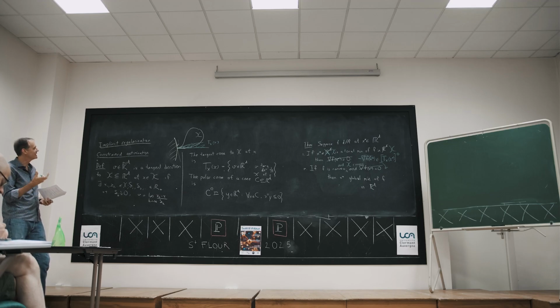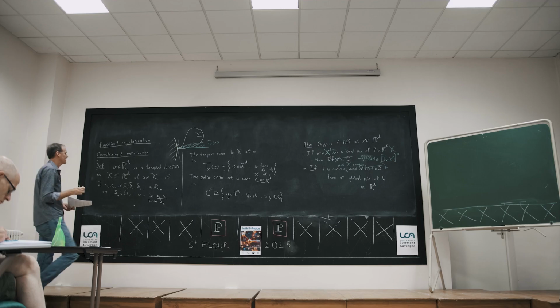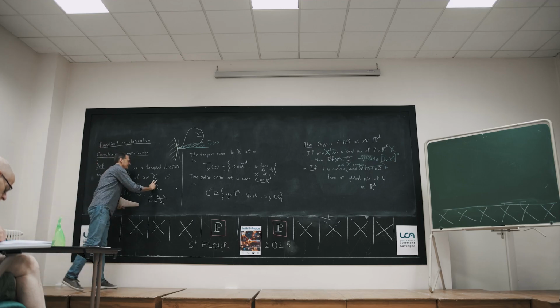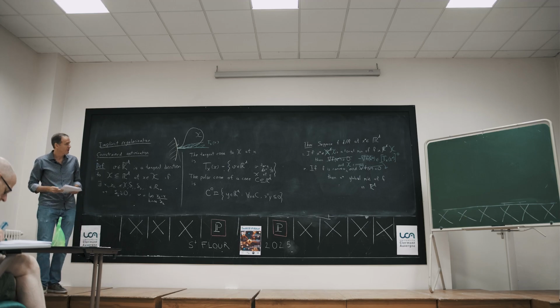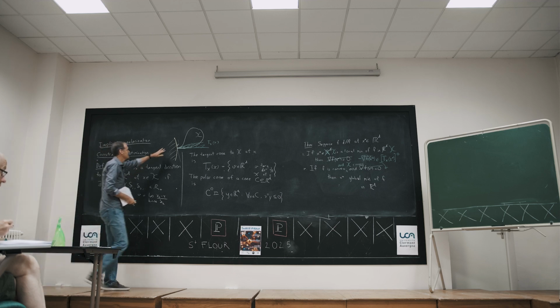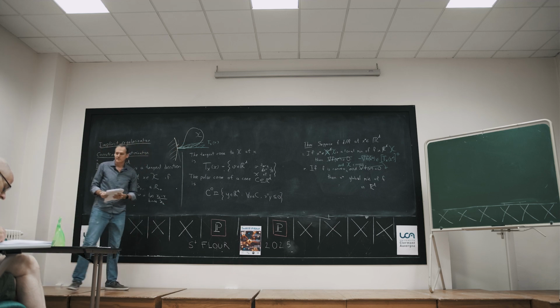But we're going to consider a simpler family of constraint sets, for which we can be a little more explicit about the nature of the polar cone. All the examples we'll see are not as general as these crazy shapes I'm drawing up here.